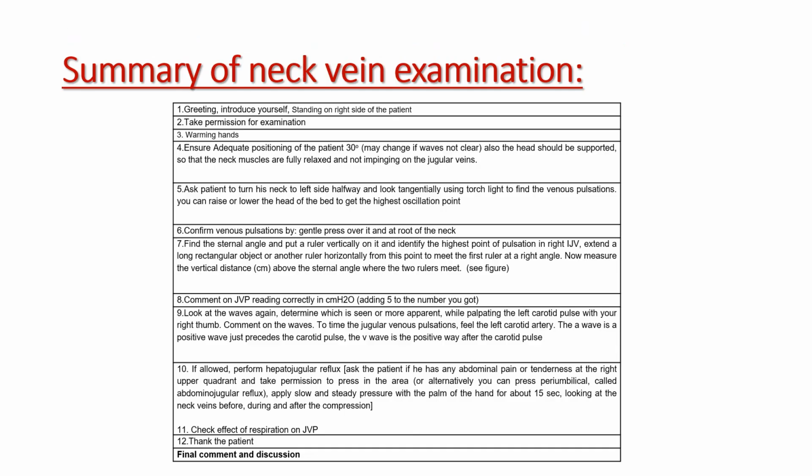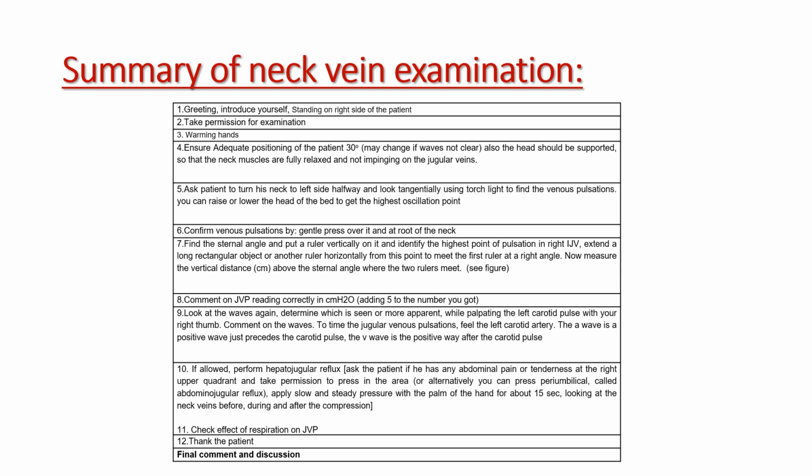So in summary, the position of the patient is usually 30 to 45 degrees; sometimes you need to put the patient down more or up more. Then the patient will turn his neck to the left side halfway. You look tangentially with a torch and try to see the pulsations. Confirm that it is venous. After you look for some time, you can press on it and see if you can feel it or not, and press at the root of the neck.